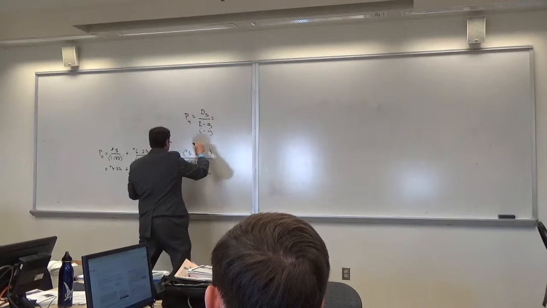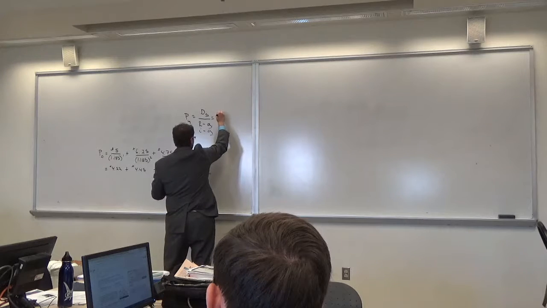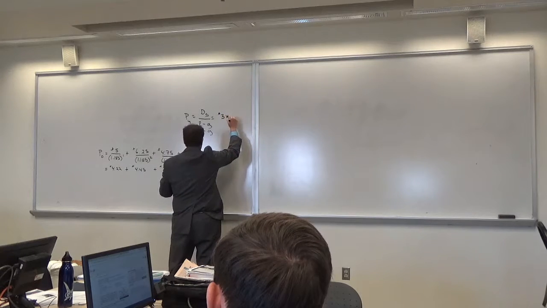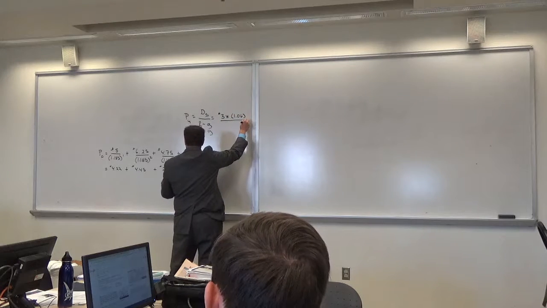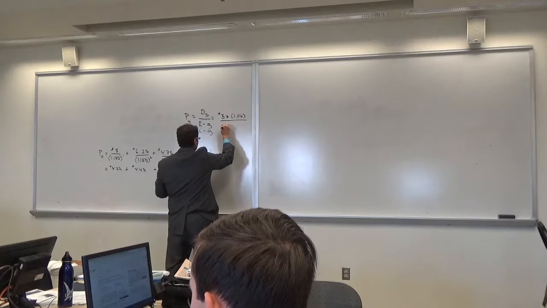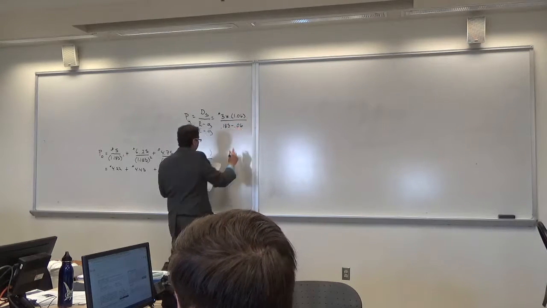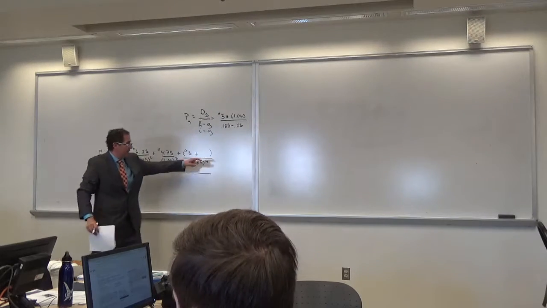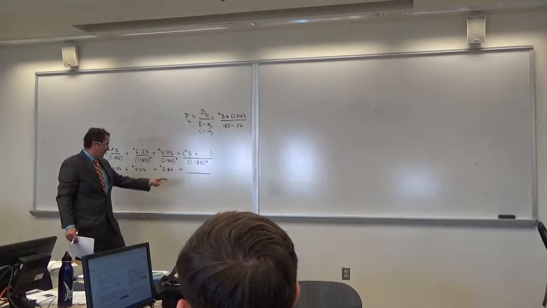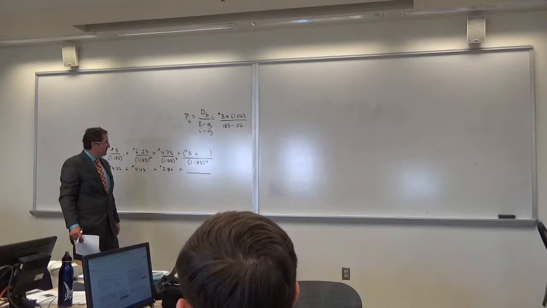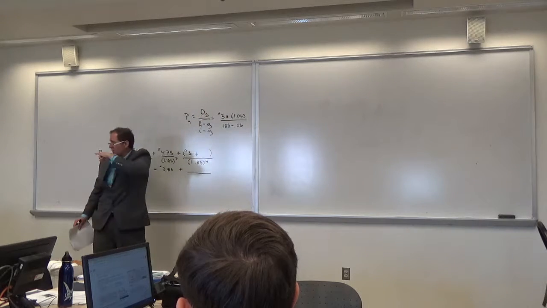So what I need to do is take the 4th year's dividend and grow it out one more year. So I got $3 times 1.06. Got it. And then it's going to be 0.185 minus 0.06. So I'm going to take the same discount factor and subtract out the constant growth rate, but I've got to grow the 4th year cash flow out to get the 5th year. Okay, same thing as over there.